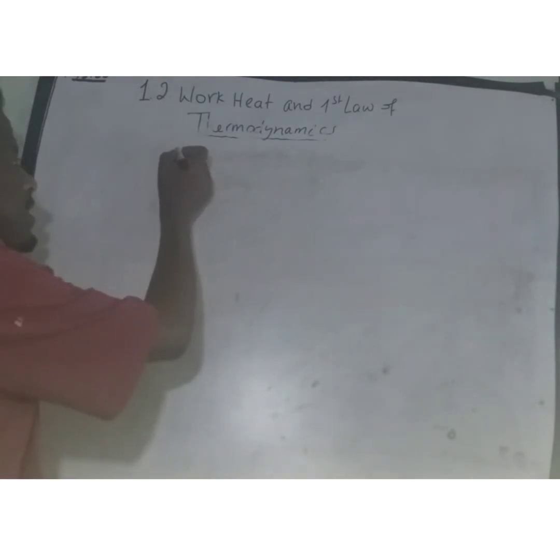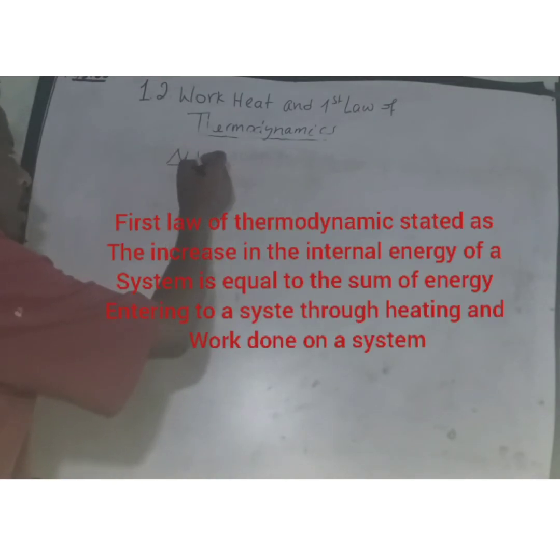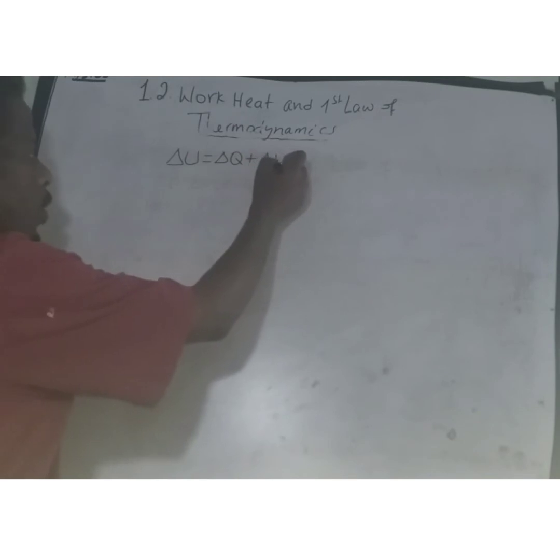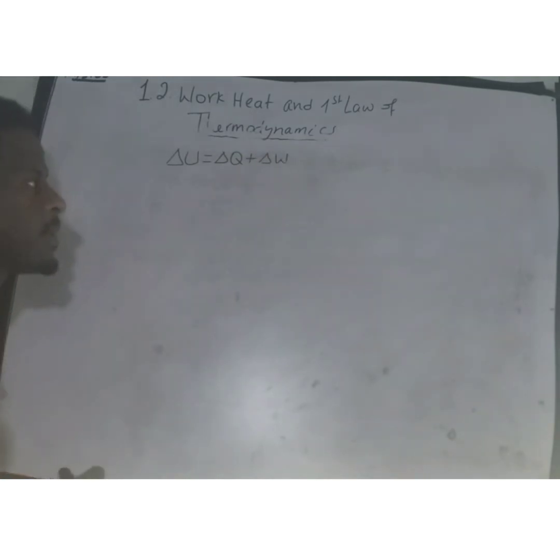If work is done by a system on a surrounding, what's the form of the first law of thermodynamics? From the first law of thermodynamics, the increase in the internal energy equals energy entering a system through heating and work done on a system.